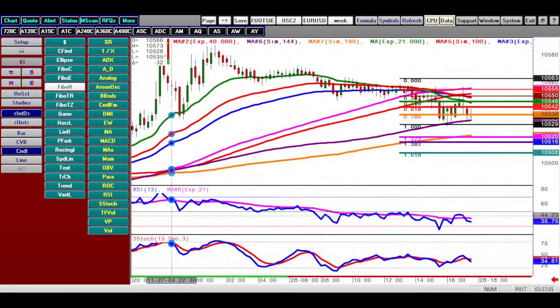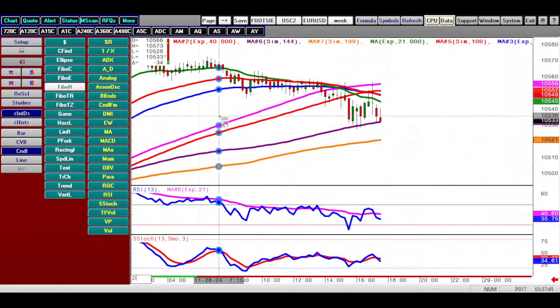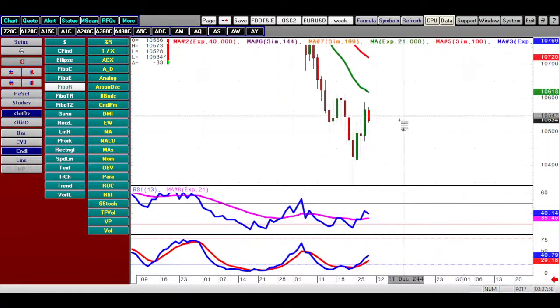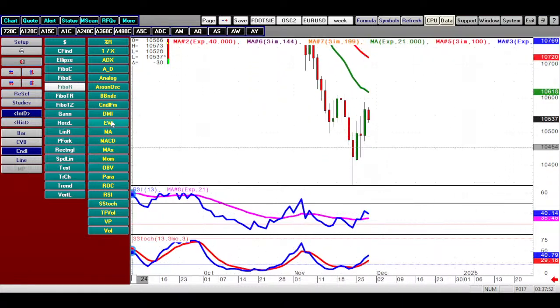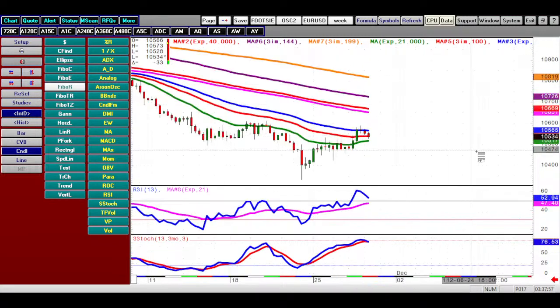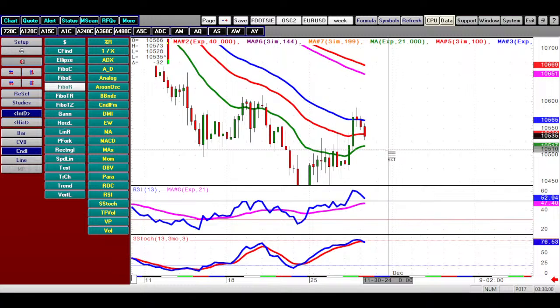Let me double confirm this. The low, we should not see the price heading below 70. 70 is our first stop. Then another one would be 505 or 495. So we have two stops.